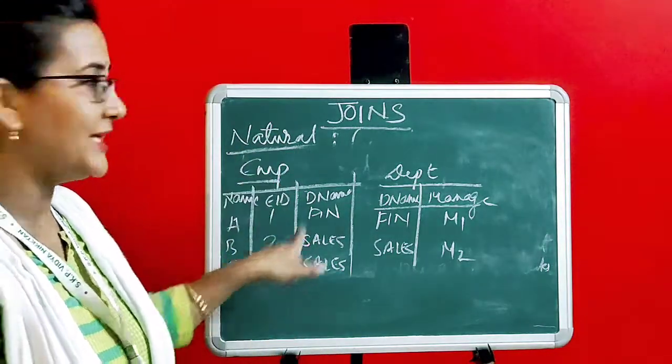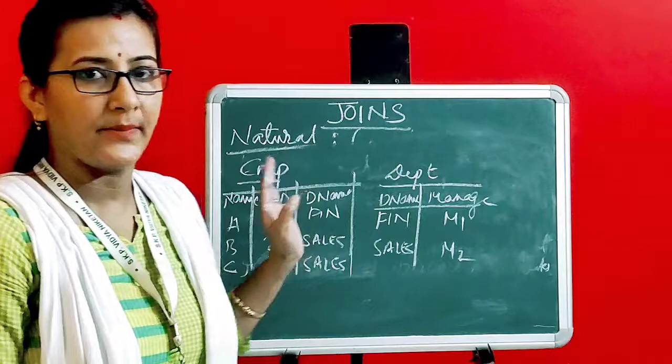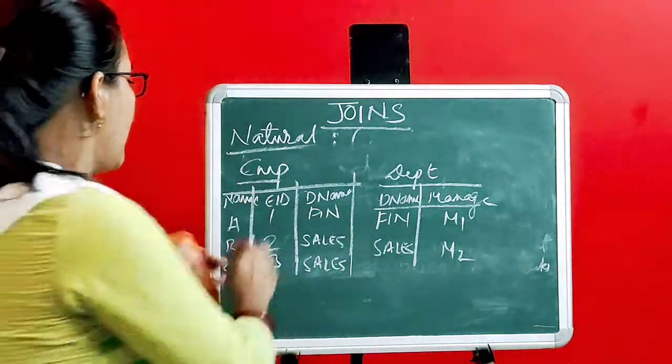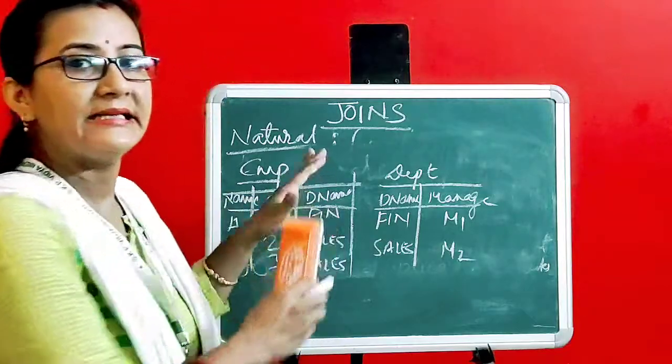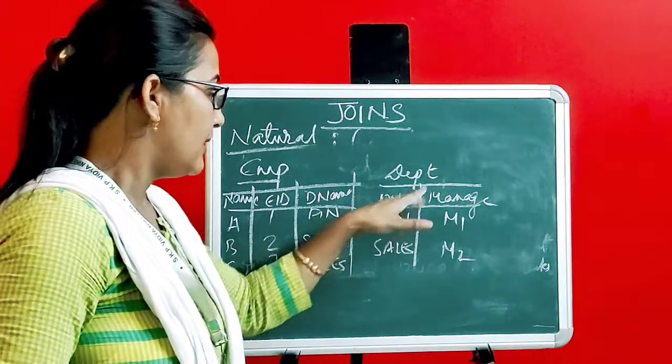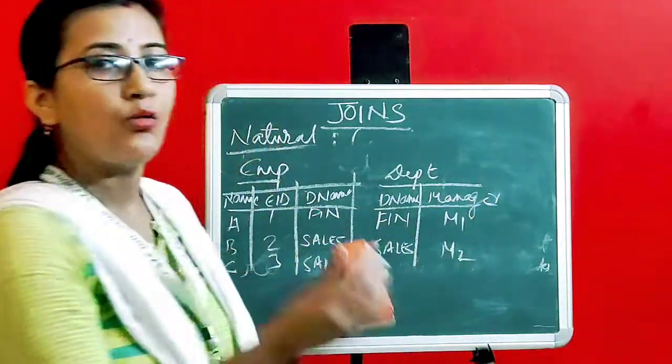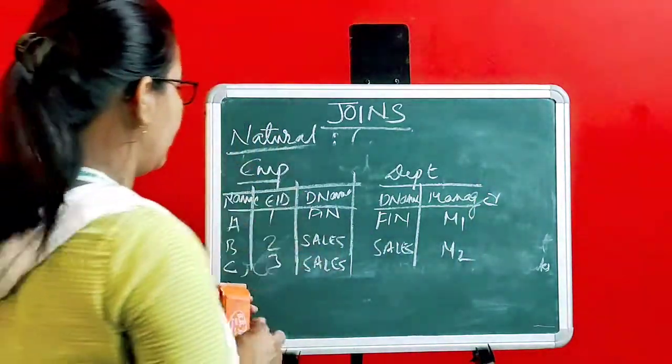Now look at here, there are 2 tables. One is the employee table and next is the department table. In the employee table we have 3 columns, that is name, employee ID, DName, and in department 2 columns, DName and manager. Now what will be the output it will give?